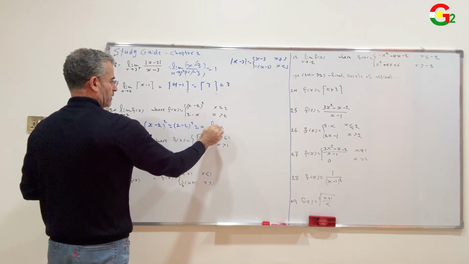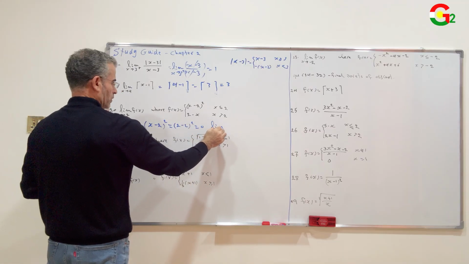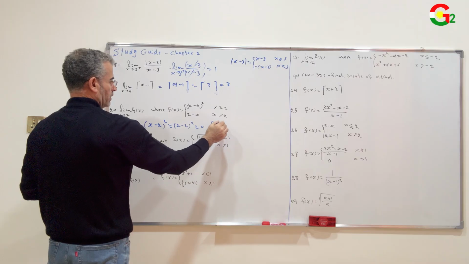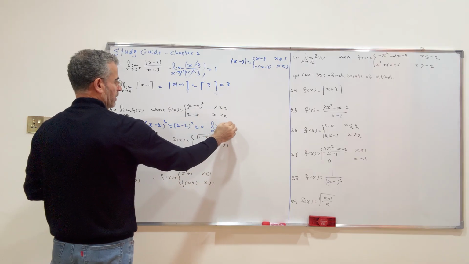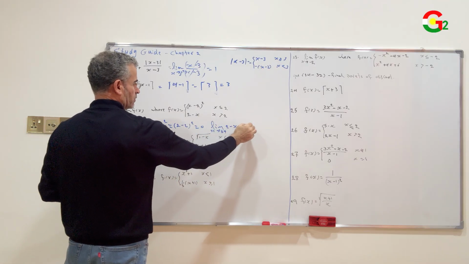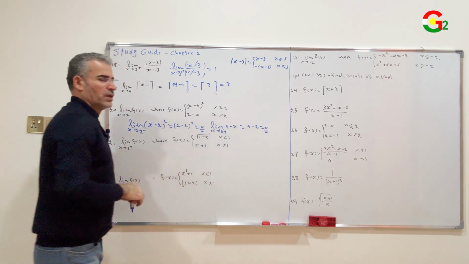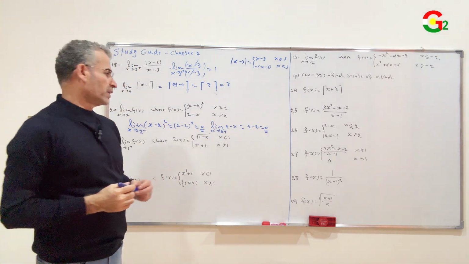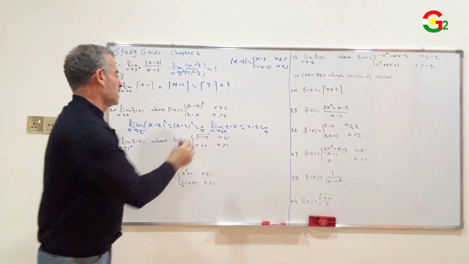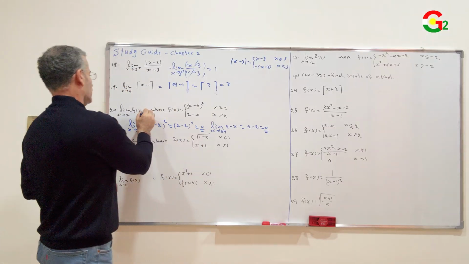From the right, I'll use this segment: 2 minus x, which is 2 minus 2 equals 0. Since from right and left we get the same value, the limit equals 0.